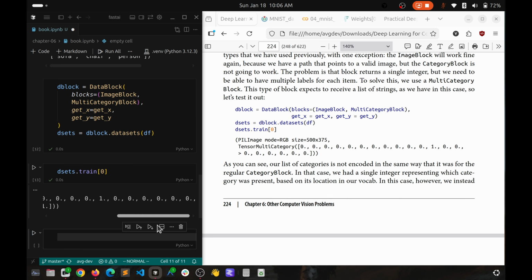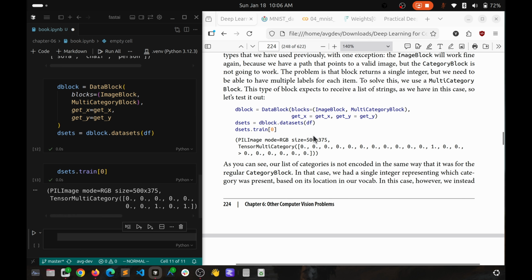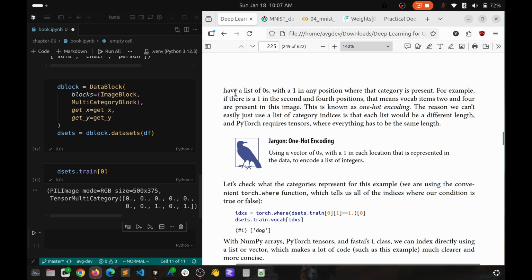So multi-category, I think it's like the one-hot encoding stuff. Yep, zeros or ones. As you can see, our list of categories is not encoded in the same way as it was for the regular category block. In that case, we had a single integer representing which category was present based on its location in our vocab. In this case, however, we instead have a list of zeros and ones, with a 1 in any position where that category is present.